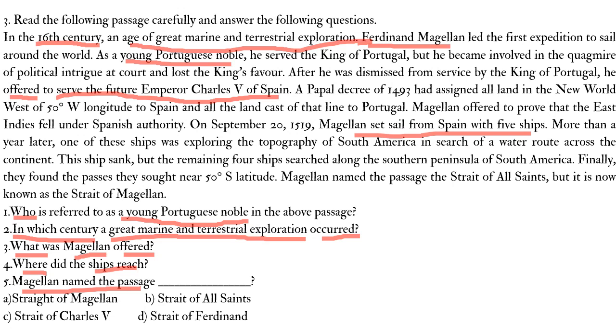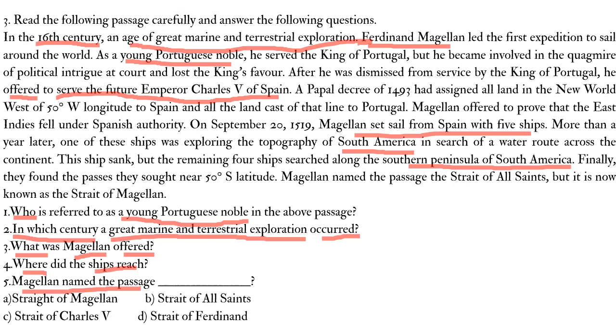One of these ships was exploring the topography of South America in search of a water route across the continent. So their destination is South America. This ship sank, but the remaining 4 ships searched along the southern peninsula of South America. So as this is the destination, South America is the correct answer.